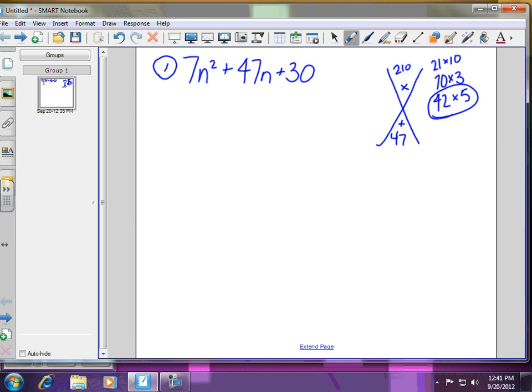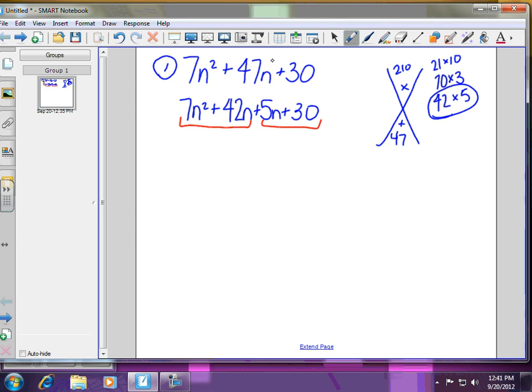So now we're going to break it out so we can use factor by grouping. So I take 7n squared plus 42n plus 5n plus 30. Okay? And then I can go ahead and factor that and factor that.